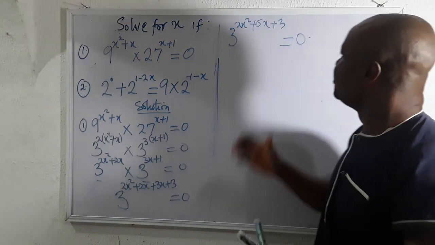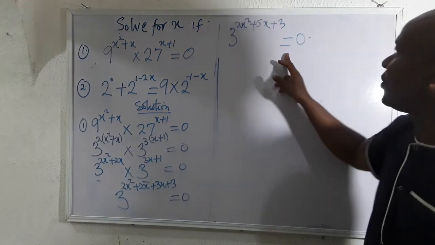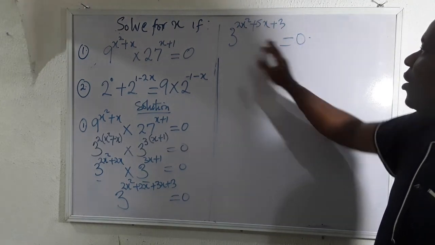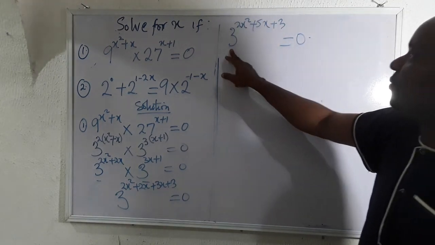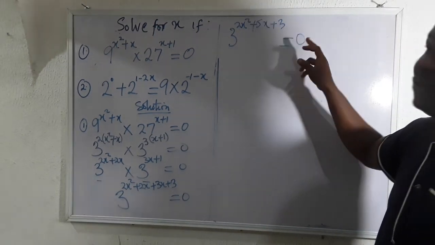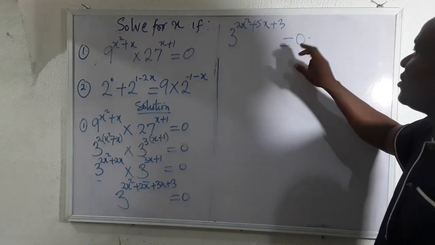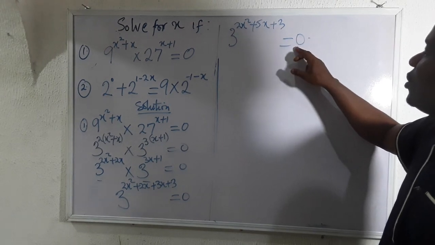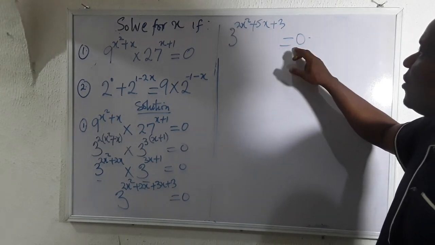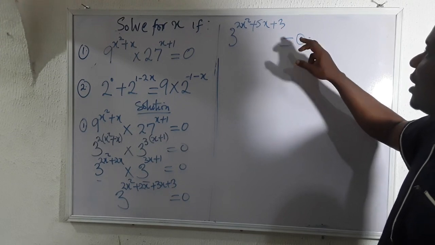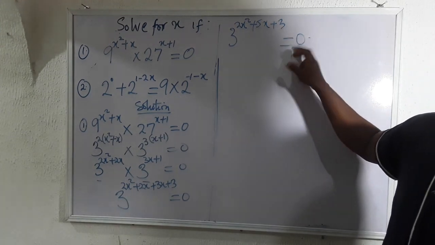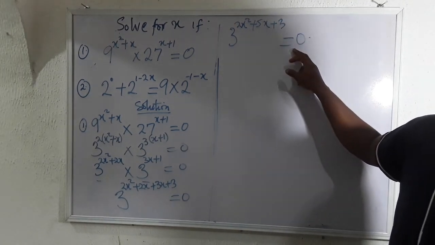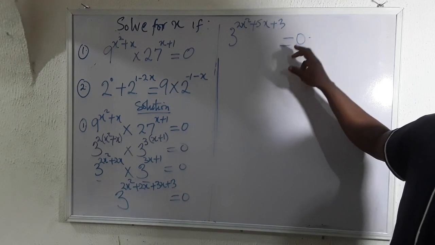Now, a question like this: you can see that on the left side the base is 3, and here it is 0. So long as it is 0, there's no base raised to any power that can give us 0.